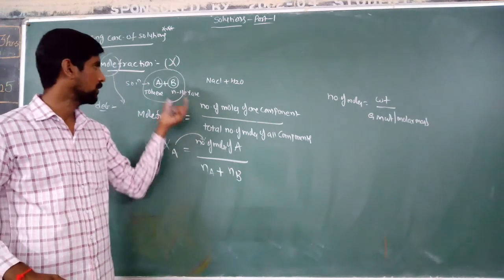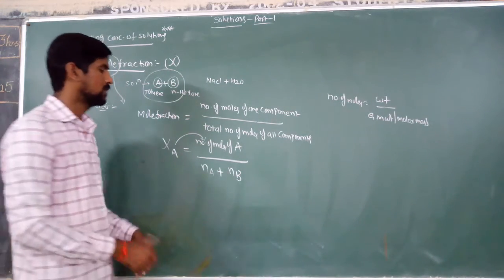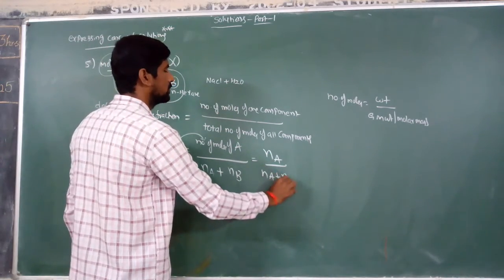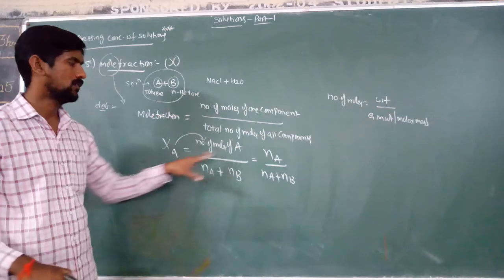How many components are there? Two. So number of moles of A plus number of moles of B, that is Na by Na plus Nb. So this is the mole fraction of A.